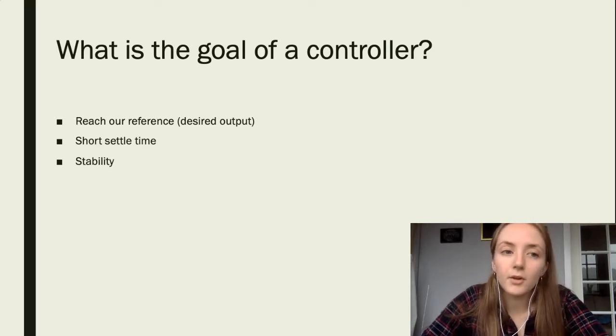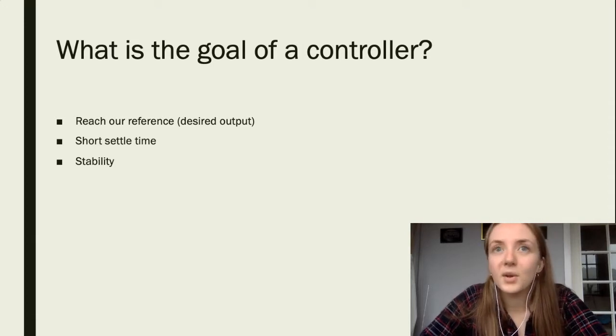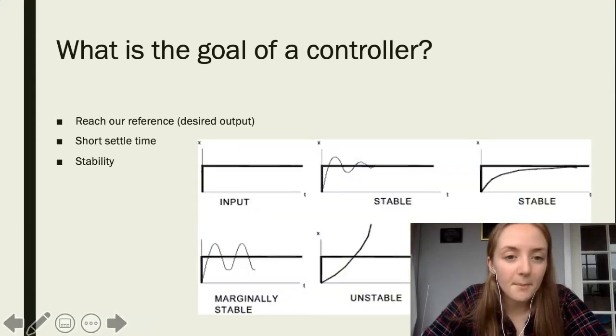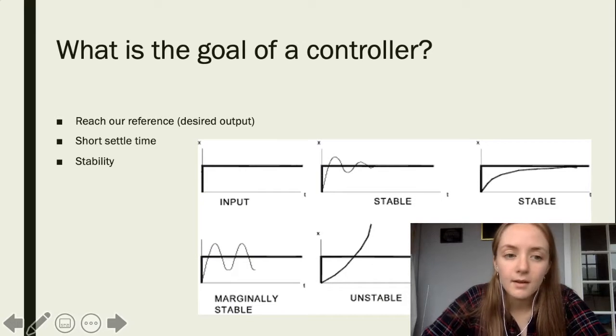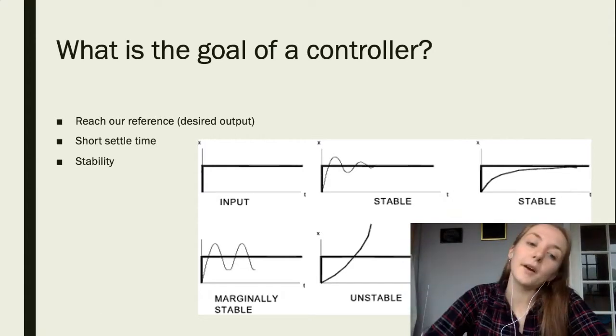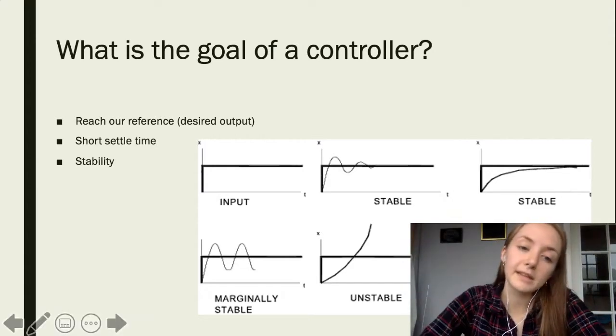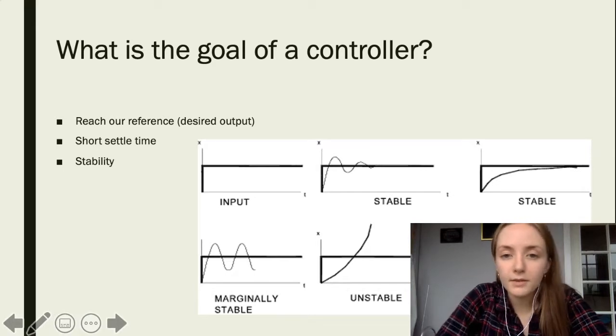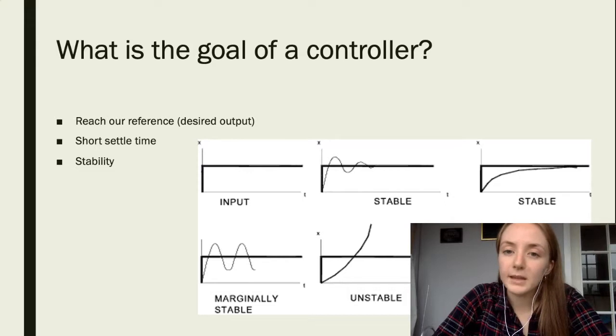You've probably not come across stability in this context before, but I'm sure you know what the word stable means. But I have included some graphs that might help describe what exactly we mean when we strive for stability. So our first graph on the top left is an input, so we'd often call this a reference, and this is what we tell our system that we want to aim for.